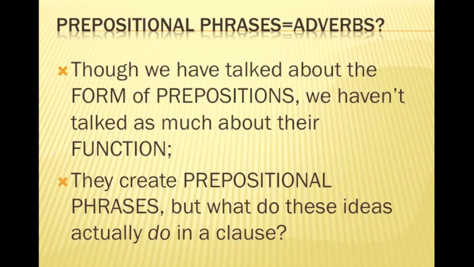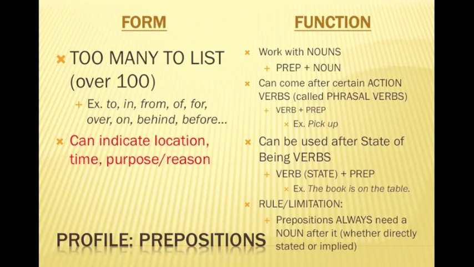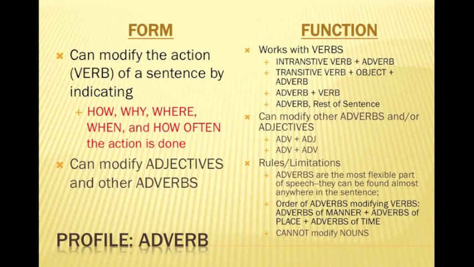Well, again, they create prepositional phrases, but what do they actually do for us? Well, as we noticed on our profile, we said prepositions indicate location, time, purpose, and reason. Well, that should look very familiar because that's also very similar to what adverbs answer. They answer where, when, how are these things done, and even why.